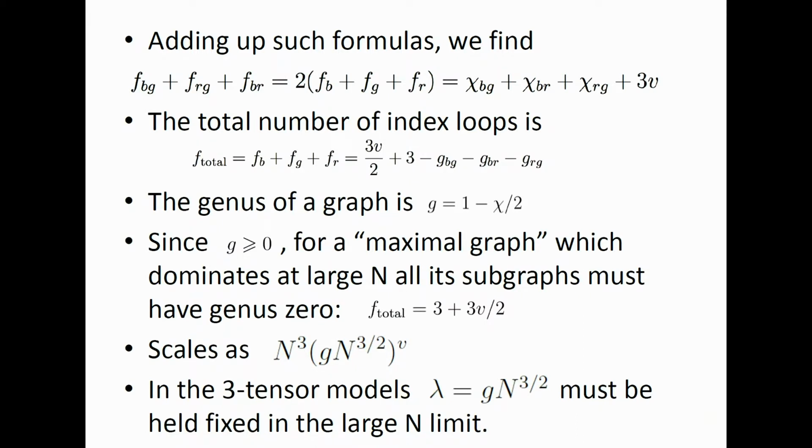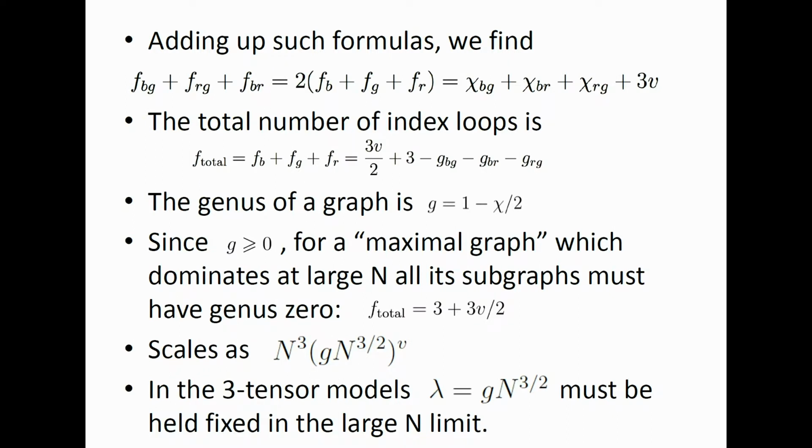You really want to compute fb plus fg plus fr. This is obtained by summing these three quantities, and it can be expressed in terms of the Euler characteristics of blue-green, blue-red, and red-green, plus 3v, because each of these had plus v. Then you divide by 2 to get this f total.